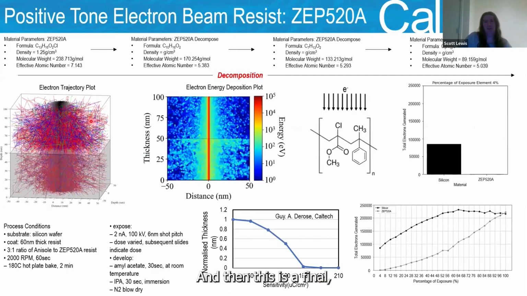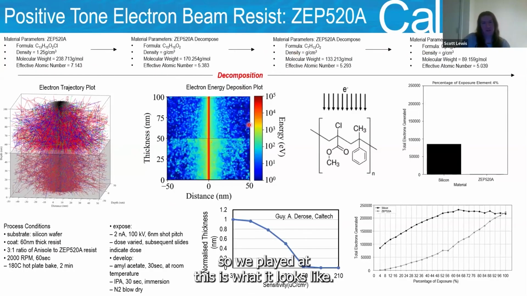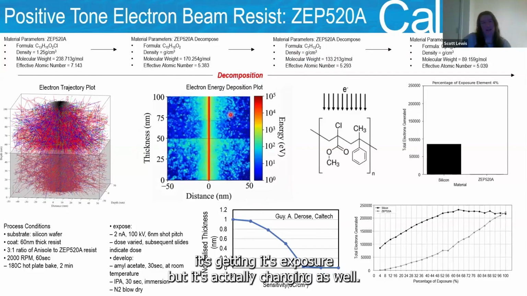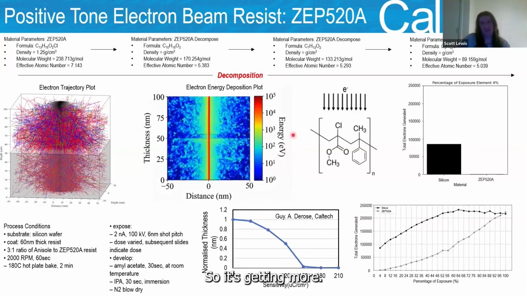And then this is the final slide, I guess, that we go through in this phase. The last one we had 3, I just decided to do 4. So we play that. This is what it looks like. You can see that it's getting its exposure, but it's actually changing as well. So it's getting more.